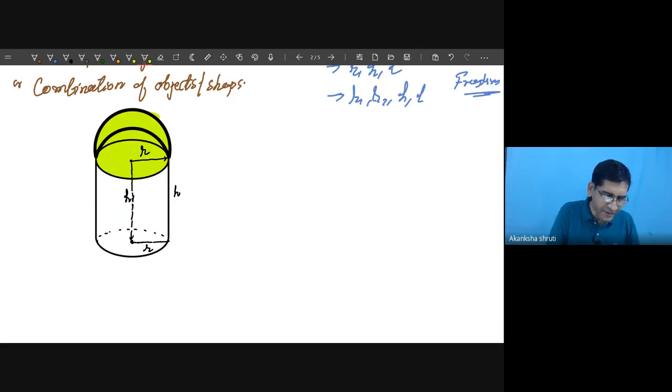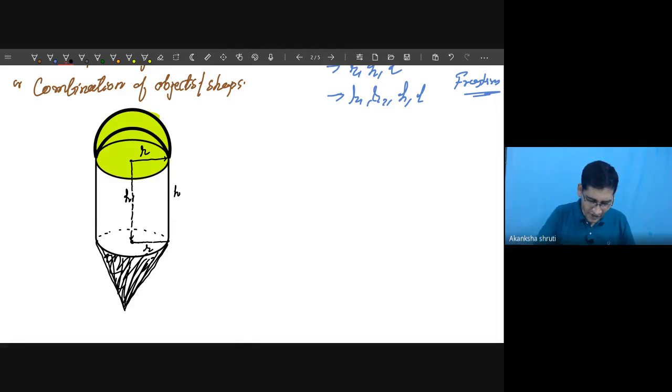The other end may be made conical. It may be possible to connect it by a cone. Then you are asked to calculate the total volume occupied by this object and the surface area.